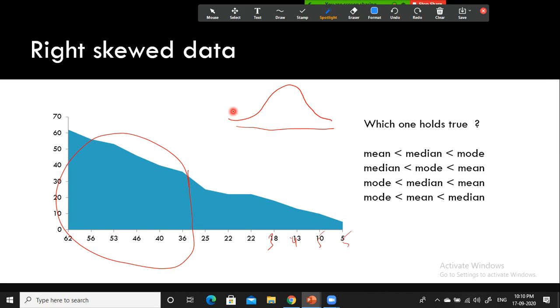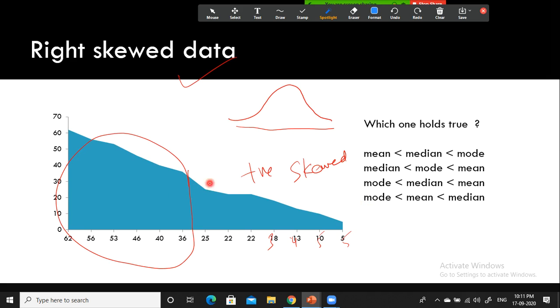In this case, the tail is short on both sides of this curve. But when you look at this one, on the right side of the curve, we can see the longer tail. If the tail is extending in a longer fashion, we call this right skewed data, or a positive skew. The data is positively skewed.